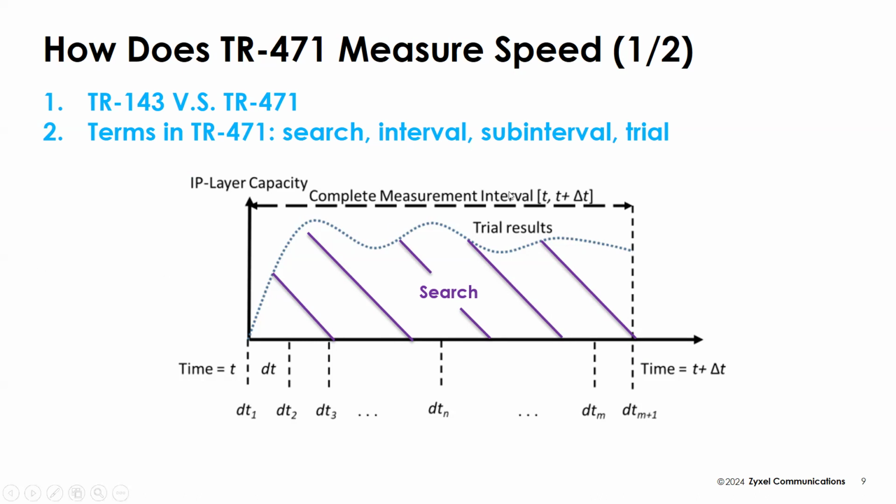And the second word we need to know is the interval. The time spent in one search we call the interval. An interval can be divided into several sub-intervals like this. During each sub-interval, there are many adjustments of the sending rate and subsequent measurement feedback reports from the receiver to the sender.